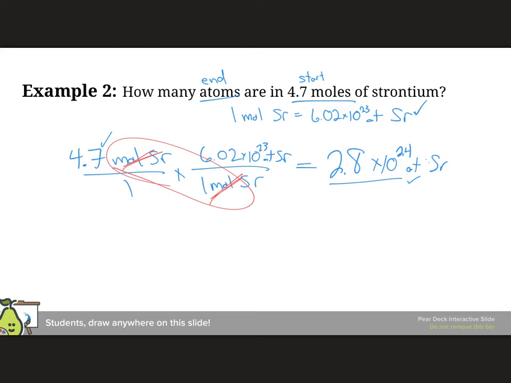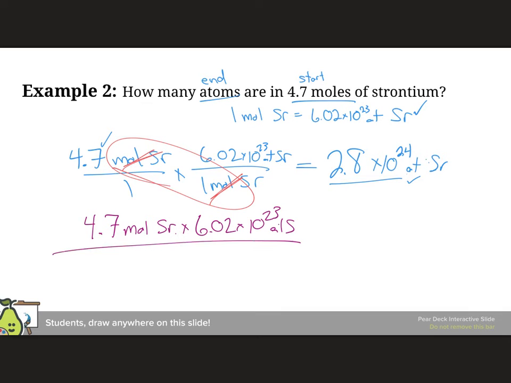Because if you think about it, if I put it all together, I have 4.7 moles of strontium times 6.02 times 10 to the 23rd atoms of strontium, over 1 mole of strontium. So you can see how I can just cancel these moles of strontium out, and then I'm left with 4.7 times 6.02 times 10 to the 23rd.